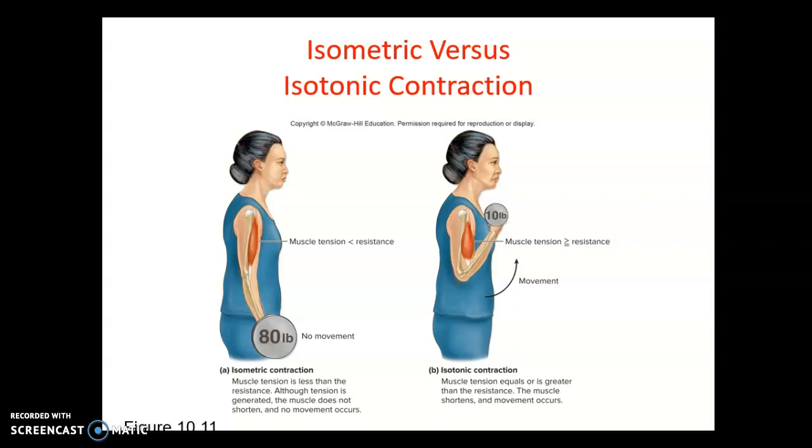Although tension is generated, the muscle does not shorten and no movement occurs. It's like holding a heavy object with no intention of lifting it up. In isotonic contraction, muscle tension equals or is greater than the resistance, so the muscle shortens and movement occurs. This is if you're going to lift something up towards your chest or lift up in general. That's an isotonic contraction.